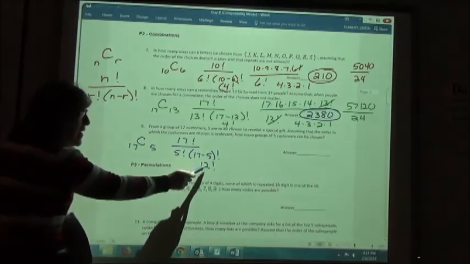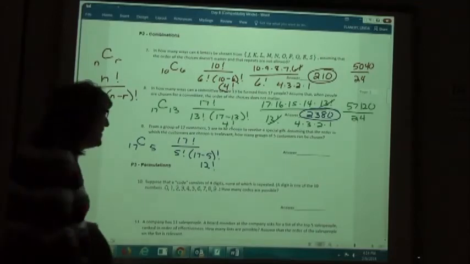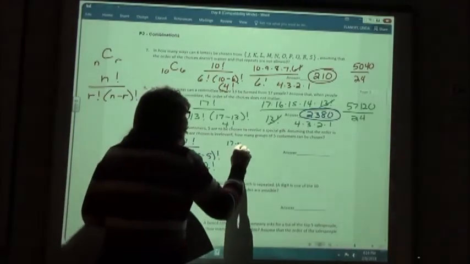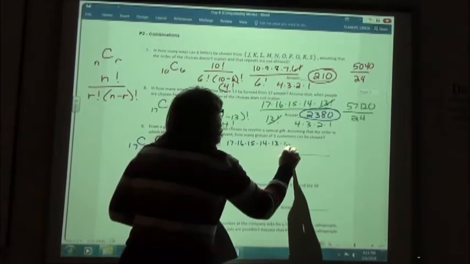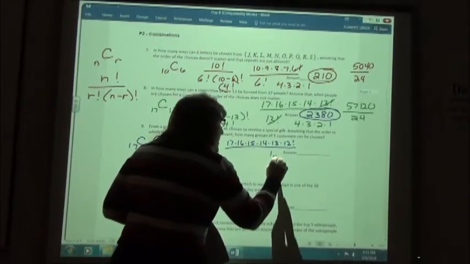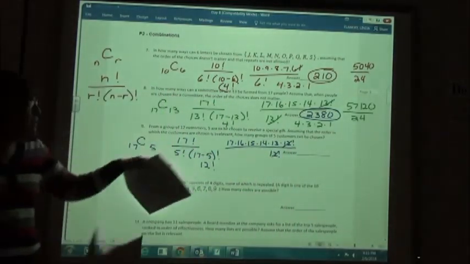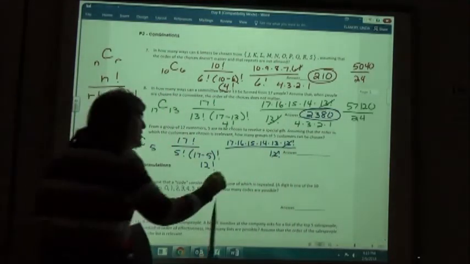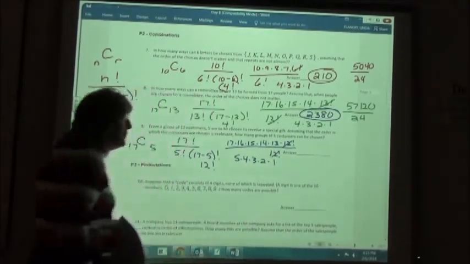So I would go down to the 12 and cancel it out, because that'd be easier than going down to the 5. So 17, 16, 15, 14, 13, and then my 12 factorial is going to cancel out. I still have the 5 factorial, which means on the bottom, 5, 4, 3, 2, 1.